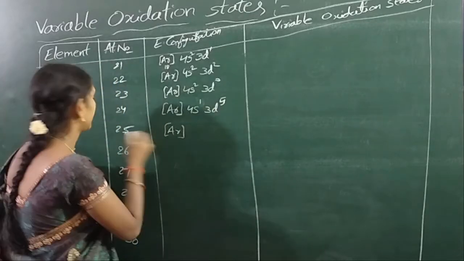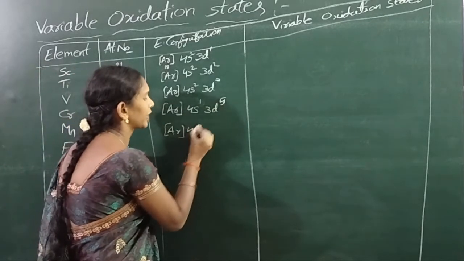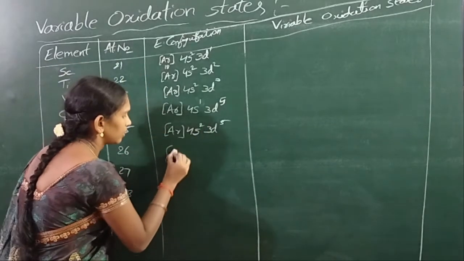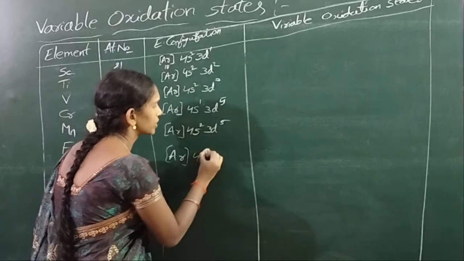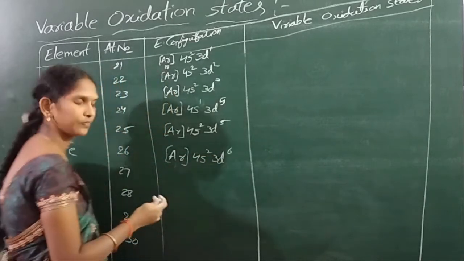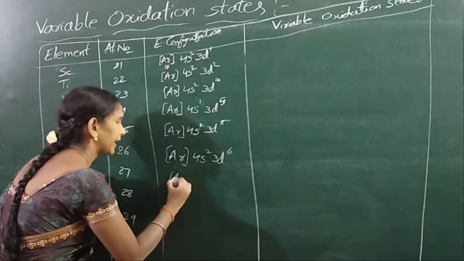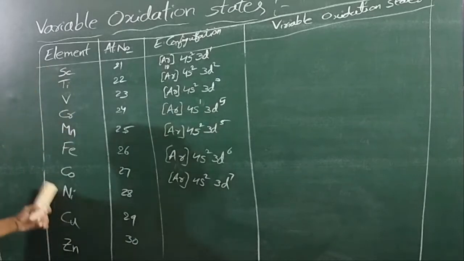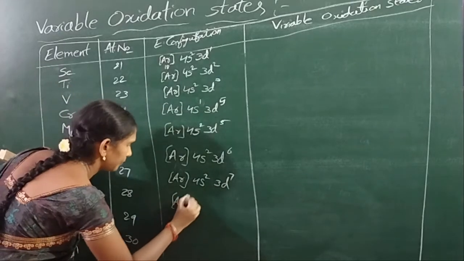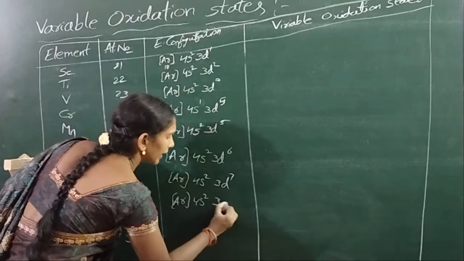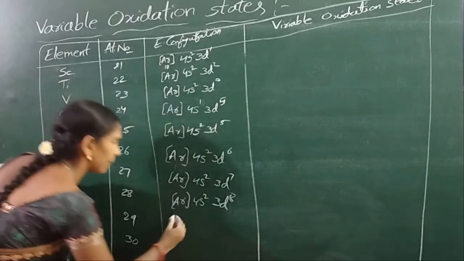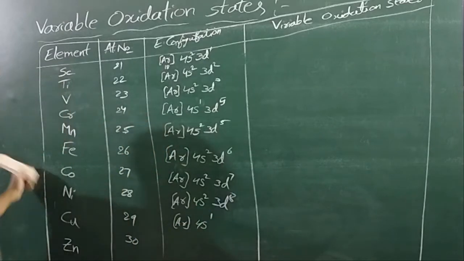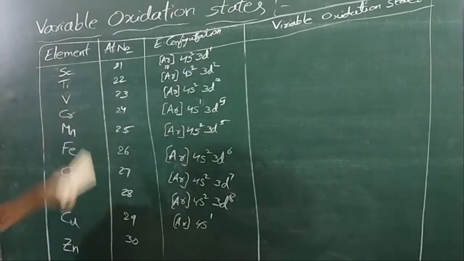Manganese is argon 4s2 3d5, iron argon 4s2 3d6, cobalt argon 4s2 3d7, nickel argon 4s2 3d8, and copper argon 4s1 3d10. Chromium and copper are different.